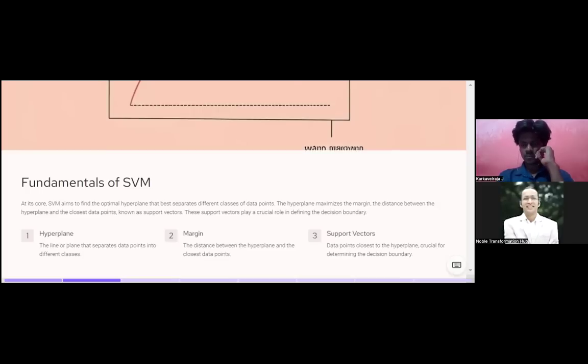Then you have margins, the distance between the hyperplane and the closest data point. So what is the margin between different hyperplanes and the closest data point? That is what the margin is. So you know the definition of margin. And margin is always, you can say, the freedom between two different things, right?